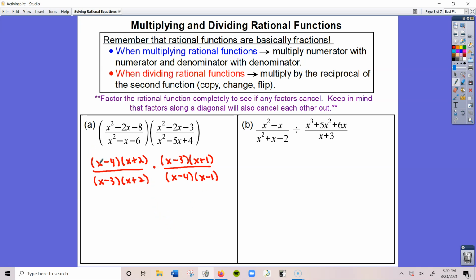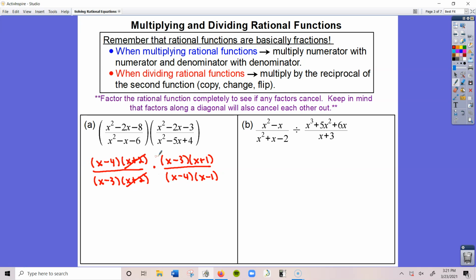So when we're multiplying, basically it's all of the numerators multiplied together and all of the denominators multiplied together. So what we can do now is cancel any common factors in either the numerator and the denominator of either function. Here we have this x plus 2 in the numerator and the denominator that can cancel. Then we have this x minus 4 here in the numerator and here in the denominator.